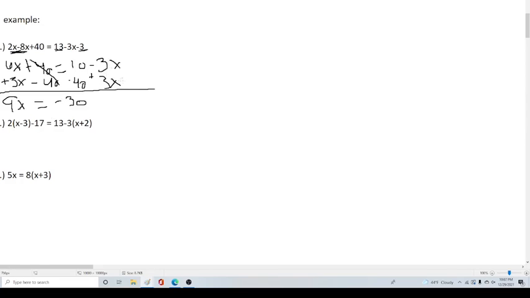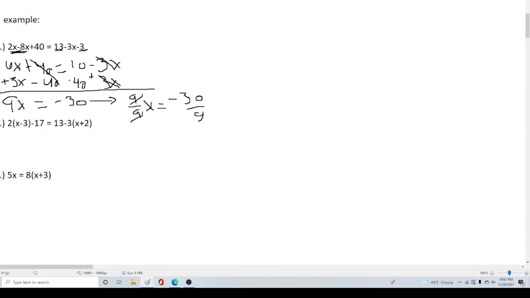Minus 3x, positive 3x, those cancel out. So we want to get a single quantity of x. The way we do that is by dividing by 9 on both sides. 9 over 9x is going to be equal to minus 30 over 9.